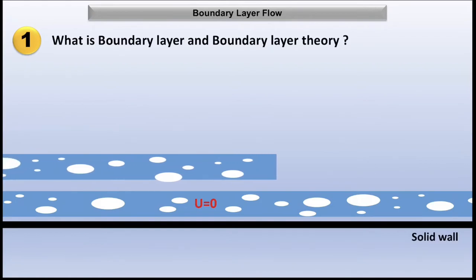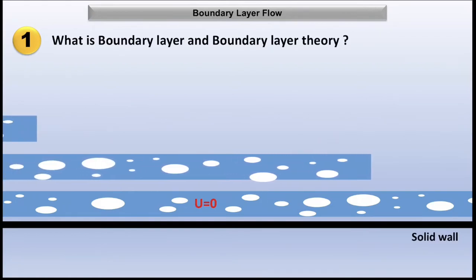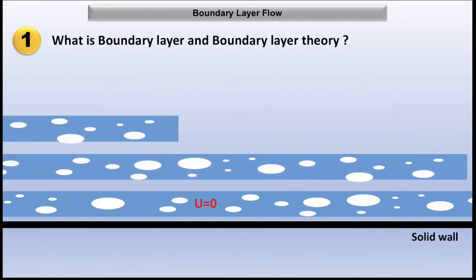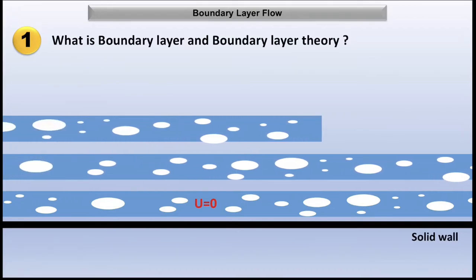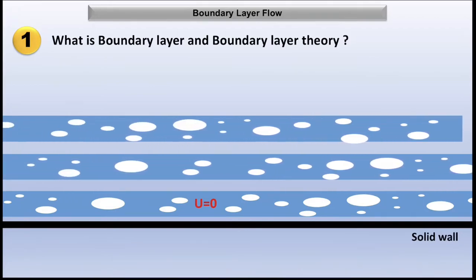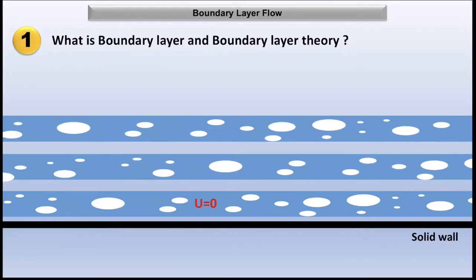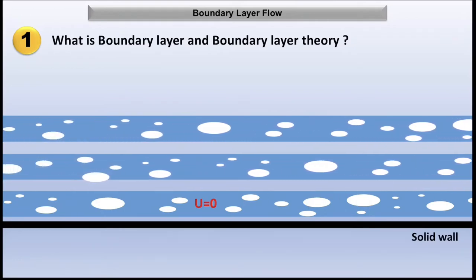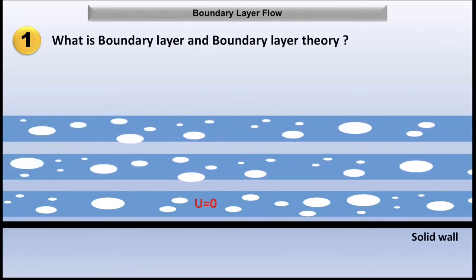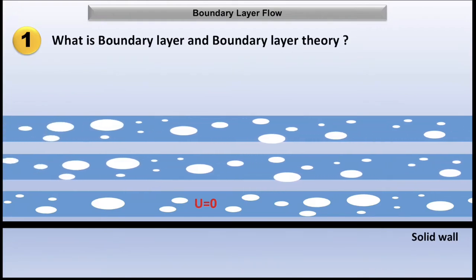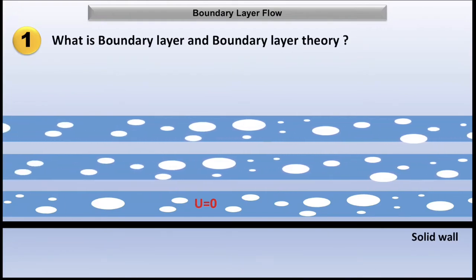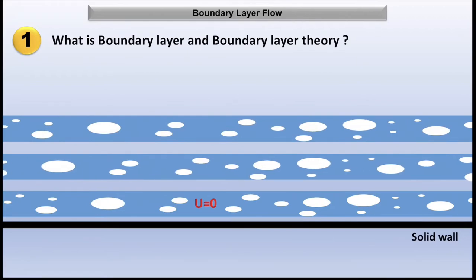When we go away from the boundary in the direction of y, the fluid layer has the velocity increasing in the direction of y. You can see here the second layer has more velocity than the first, and the third has more velocity than the second layer.